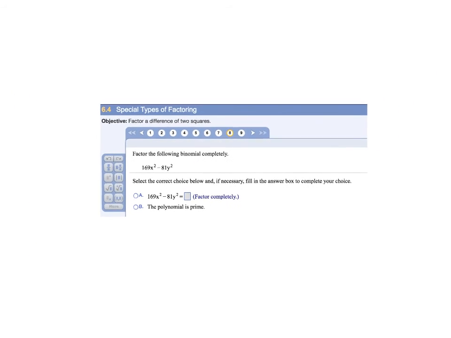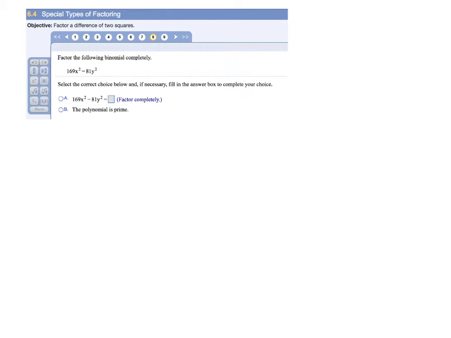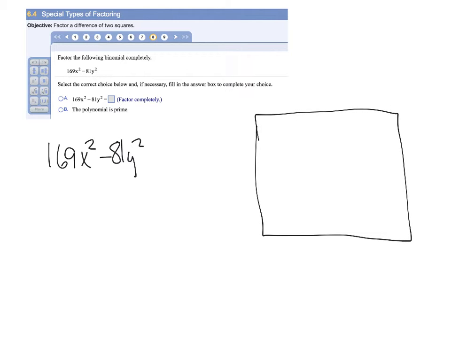And then this is just more of the same, just gross, big, huge numbers, but really, difference of squares is really easy. So this is 169x squared minus 81y squared. So I'm going to make my box. I'm going to put 169x squared, and I'm going to put a negative 81y squared here.